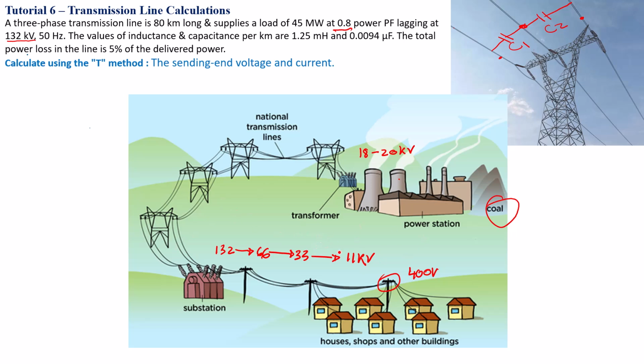So we now need to calculate the voltage at the sending end. Now, the voltage at the sending end we're going to be calculating is not the generator output voltage. It is the voltage on the other side of the transformer, basically the stepped up voltage. That's the voltage we need to calculate, and the current at the sending end.